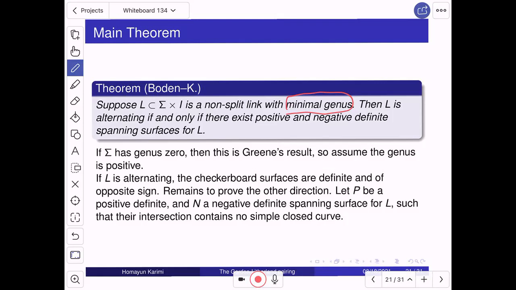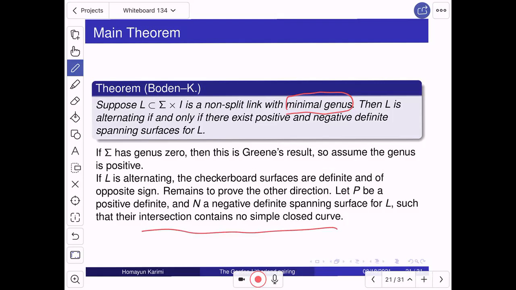The other direction, the non-trivial direction, is that you now have two spanning surfaces. They are definite of opposite sign, but you want to show that the link is alternating. First of all, you need to assume a technical thing that I'm not going to talk about here.